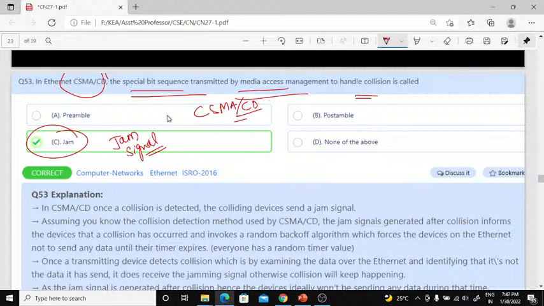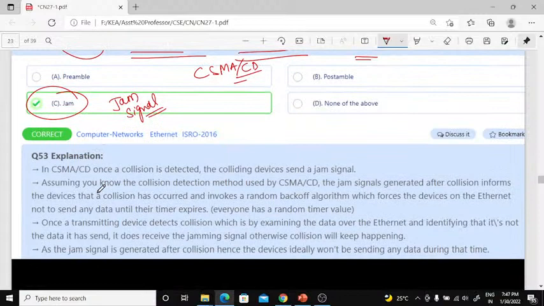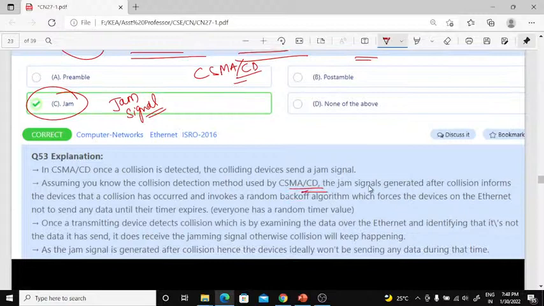The jam signal is generated after the collision, and it informs the devices that a collision has occurred and invokes a random backoff algorithm, which forces the devices on the Ethernet not to send any data until their timer expires.